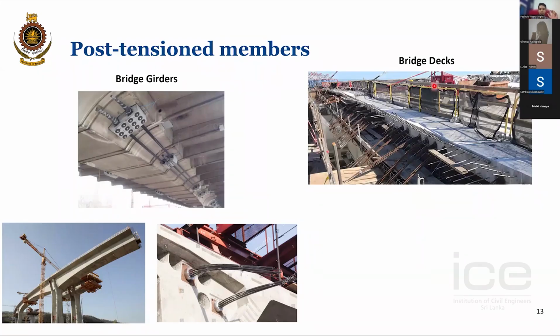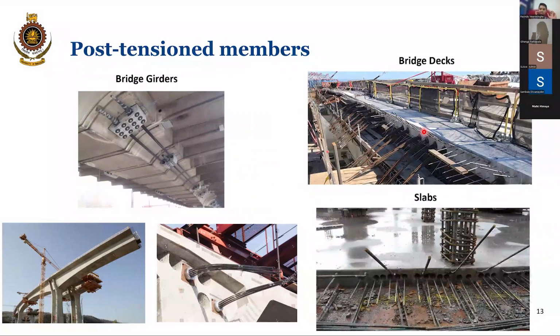And not only girders, you can post-tension the bridge decks, and also post-tension flat slabs, which are now becoming popular because it eliminates the need for beams, and you can go for a larger span between the columns.